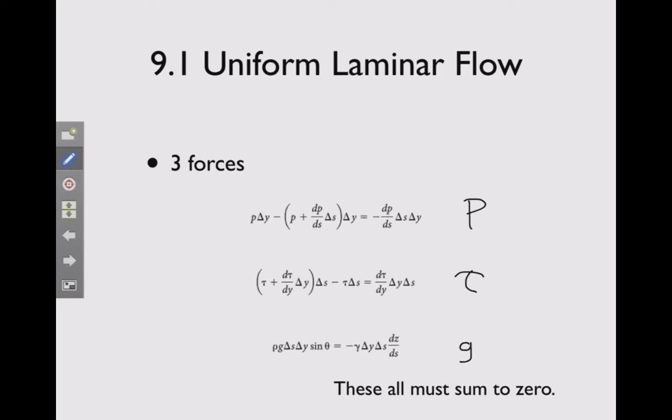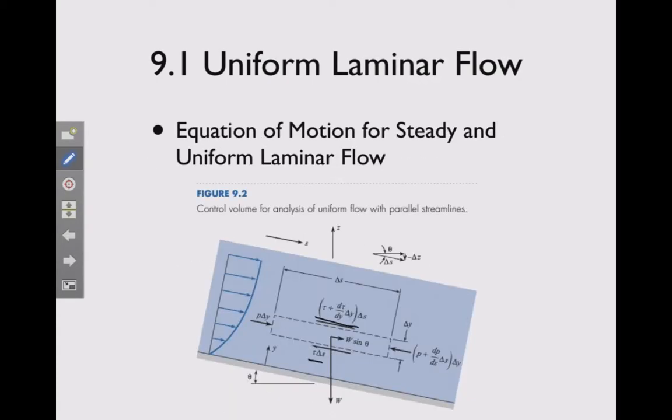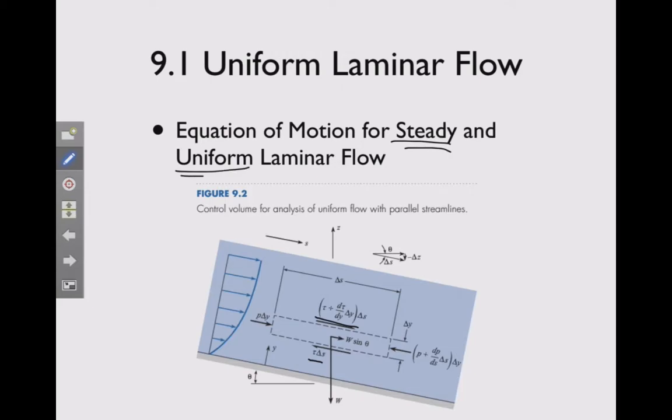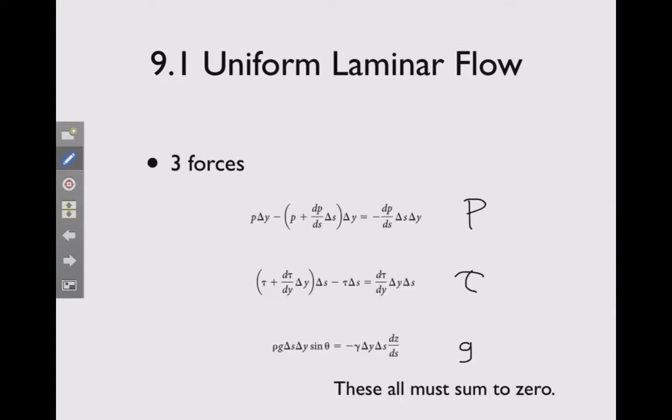So we can add all these together. These have to sum up to zero, since the fluid is not accelerating. Remember this is steady flow, so it's not accelerating. Plus it's uniform, so we know we don't have any centripetal accelerations due to curvature.